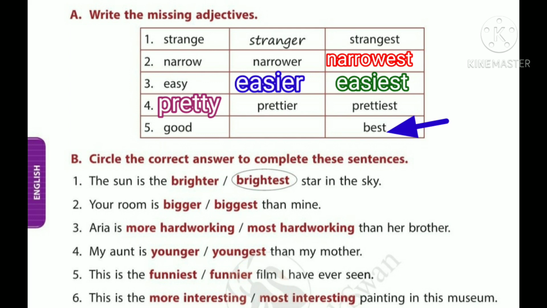We have already studied it. I have already given you examples for irregular degrees of comparison. Do you remember, children? Yes. So what's the answer? Good? Yeah. Better. What's the spelling of better? B-E-T-T-E-R.